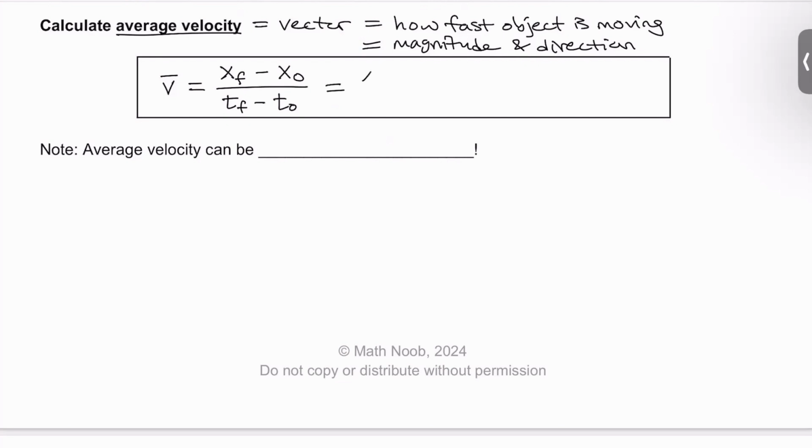You can also denote these as change in x over change in time. And our important note is that average velocity can be negative. So it can indicate that an object is moving in a negative direction.